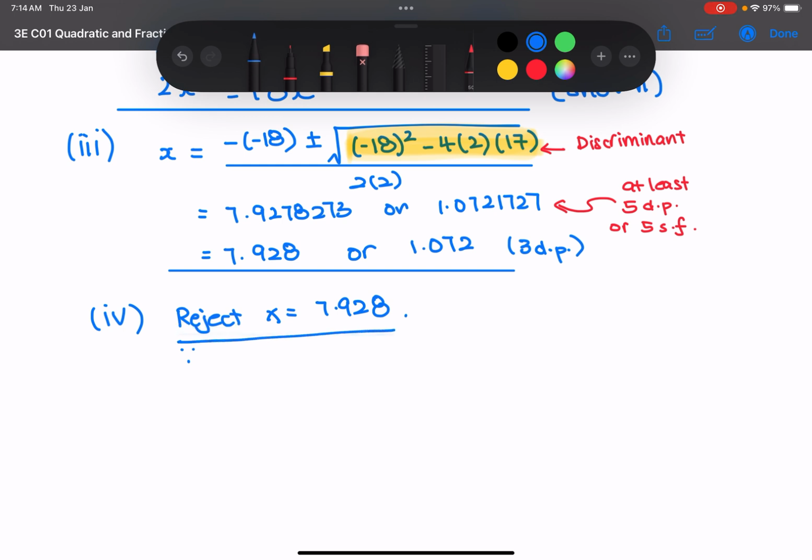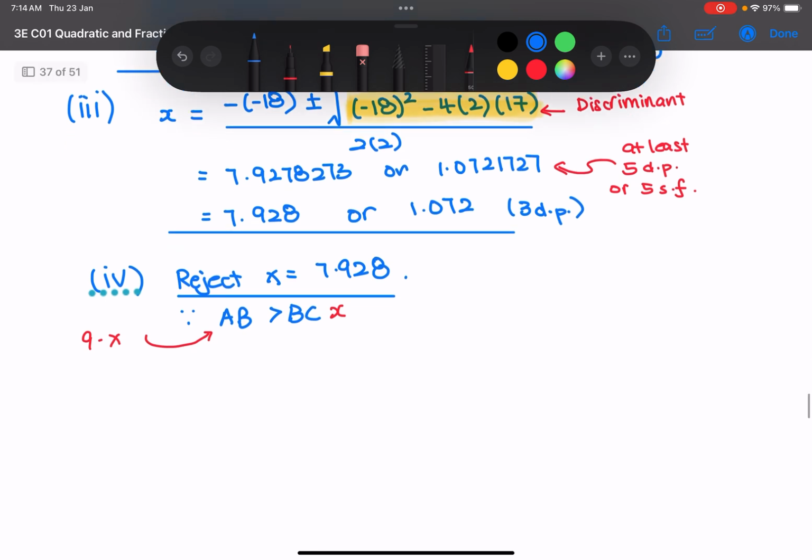Take the question and use it. Because AB must be bigger than BC. My AB is 9 minus X. My BC is X. So I need the smaller number. I need to reject the bigger number. Okay? So my X should be 1.072.